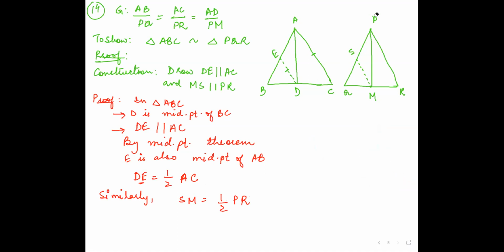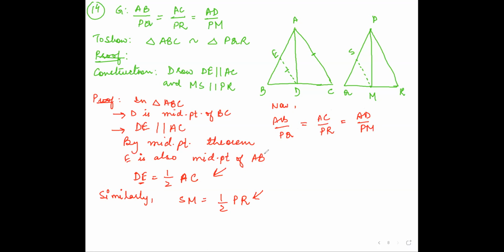All right, please write it down so far. Now start with the given condition. We are given that AB upon PQ is equal to AC upon PR is equal to AD upon PM. I'm going to use these two results now.